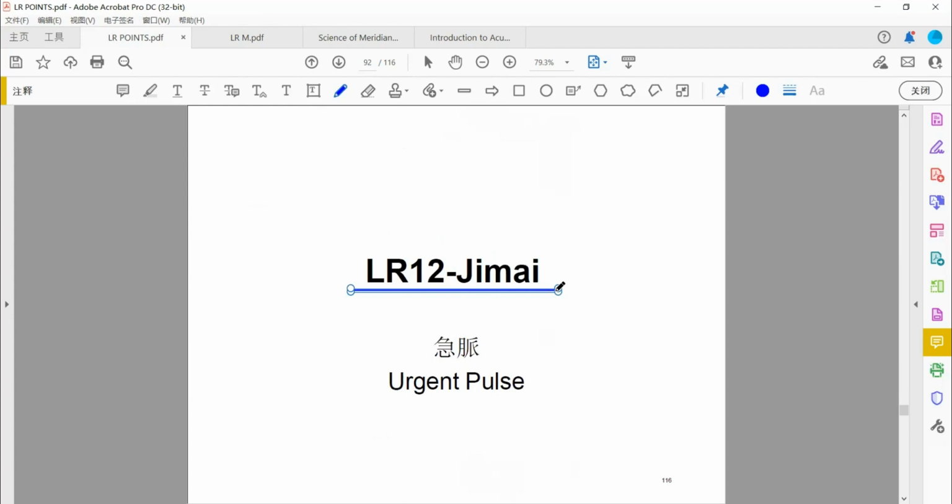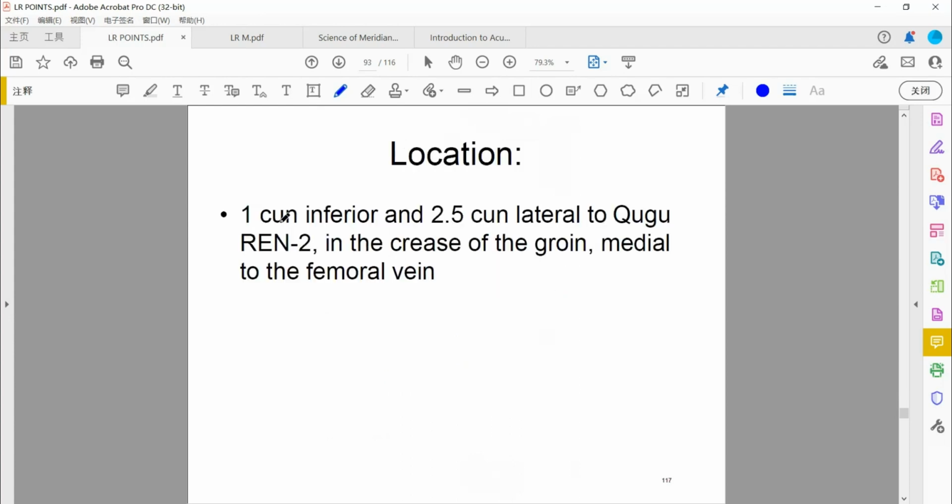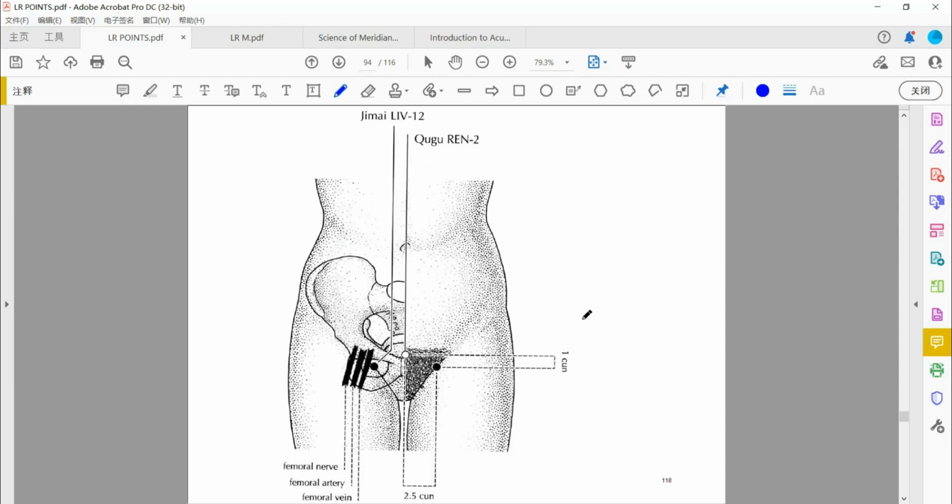LR12. 1 cun inferior and 2.5 cun lateral to the pubic bone, CV2, in the crease of the groin, medial to the femoral vein.